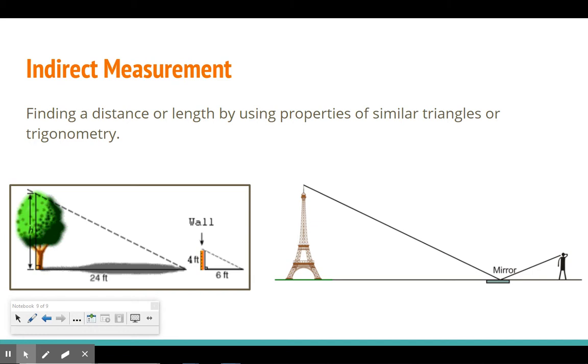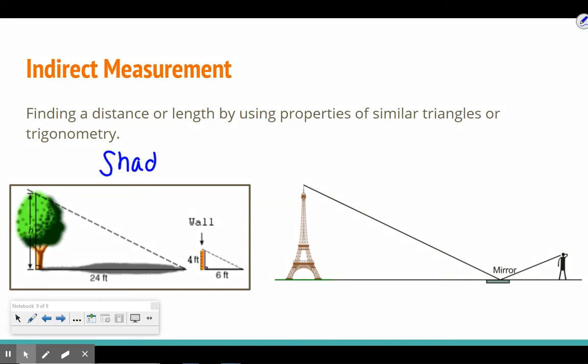By using the shadow as one of the lengths, and then if you have a wall here and that same shadow from that same direction, you can use that to set up a proportion. I'll be showing a few different examples, but a shadow is one way that we use indirect measurements.